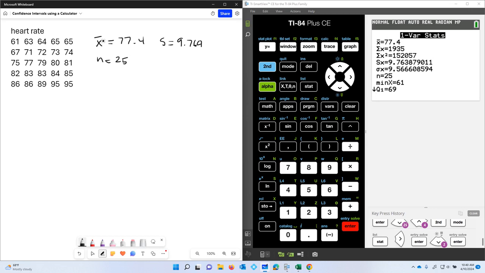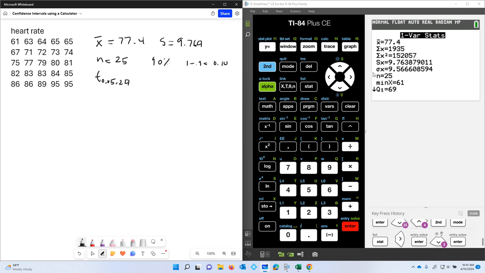Okay, but we're wanting a 90% confidence, which in this case the t-value is going to be based on the alpha region. So that would be 1 minus 0.9 equals 0.1. We divide that by 2, given that it's two-tailed, so that's going to be 0.05, with 24 degrees of freedom.